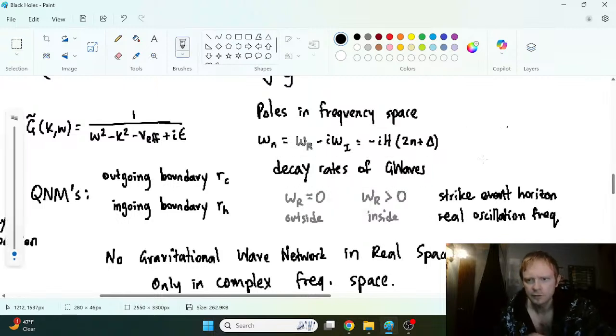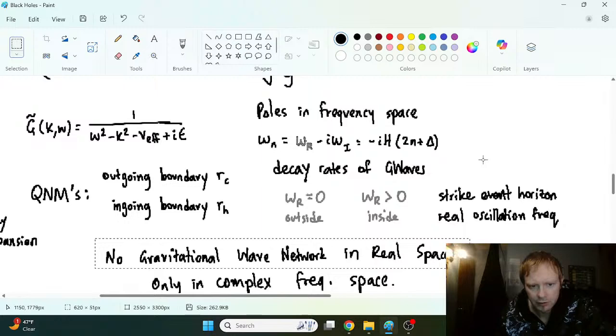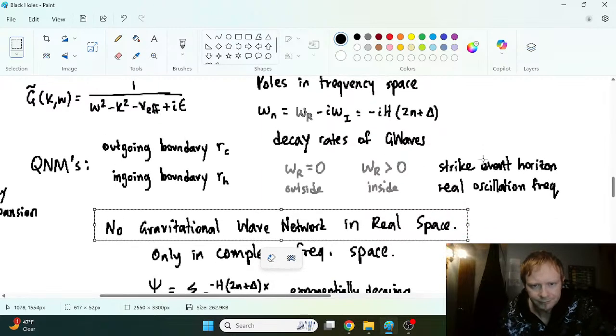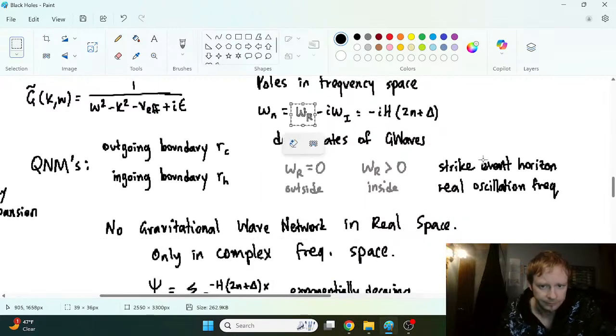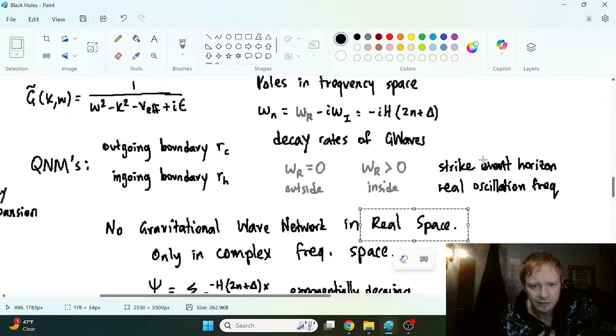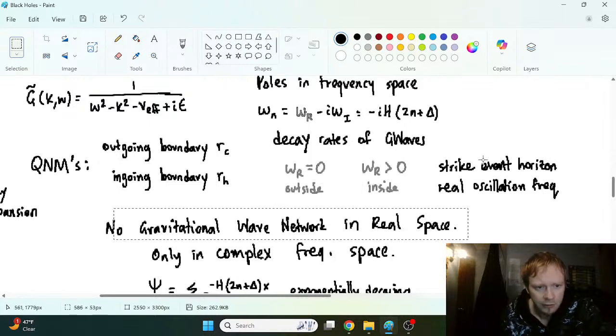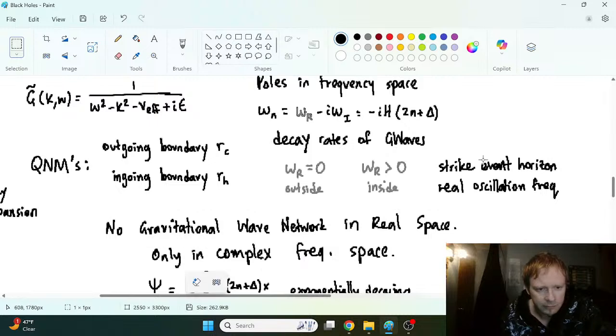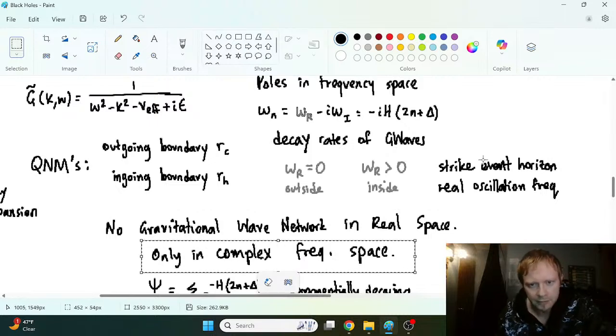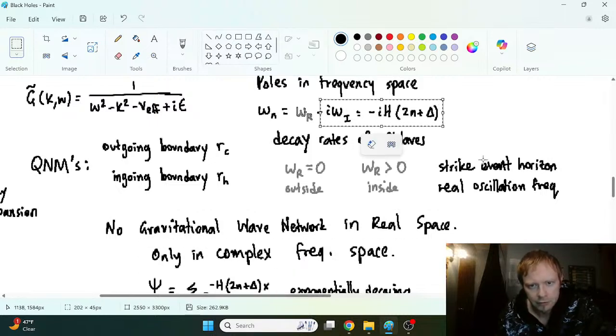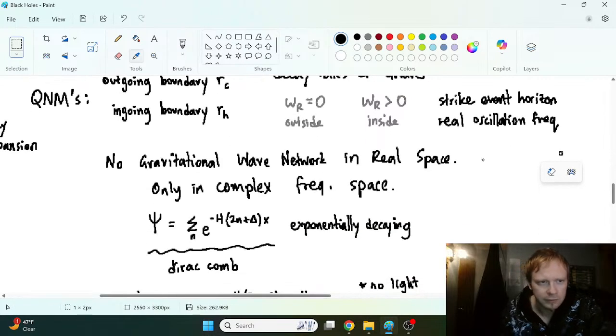That's what makes it so that there's basically no gravitational wave network in real space, because that would be this thing. This only happens inside of black holes. So there's only really this complex frequency space over here, where there is, in fact, a network of gravitational waves.